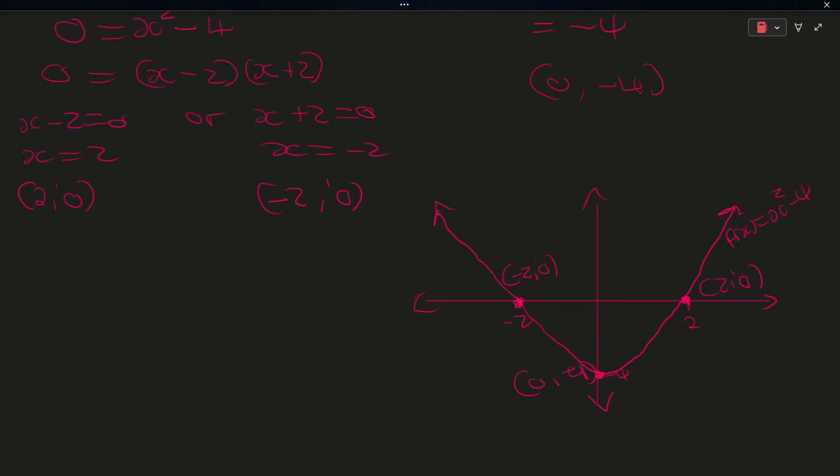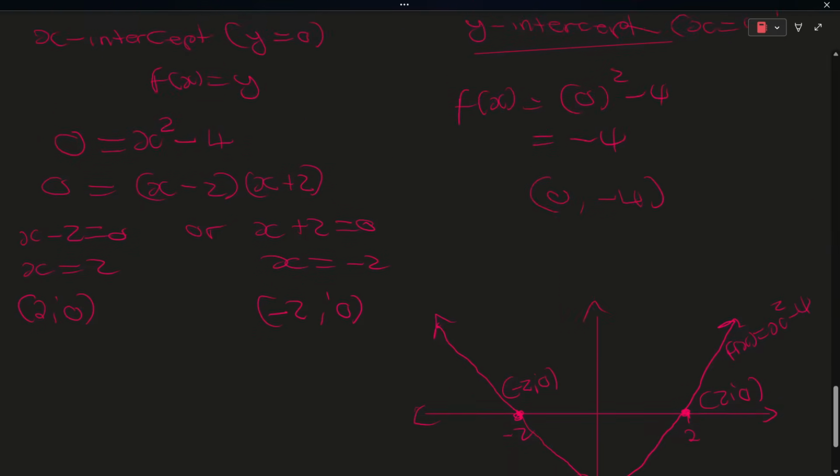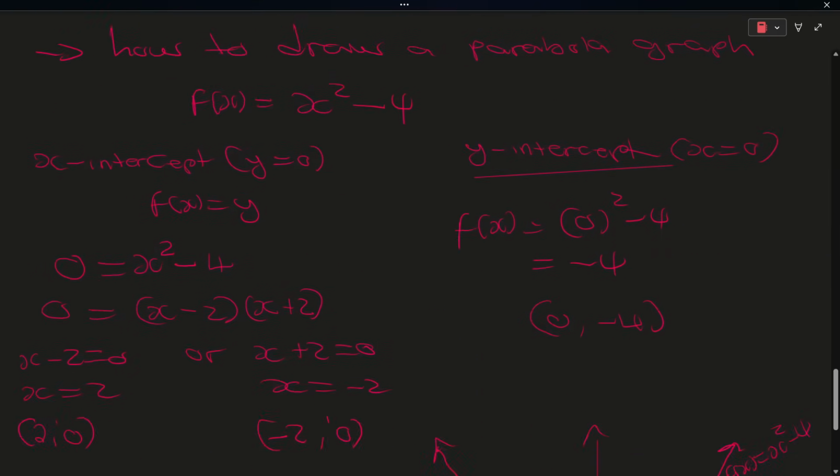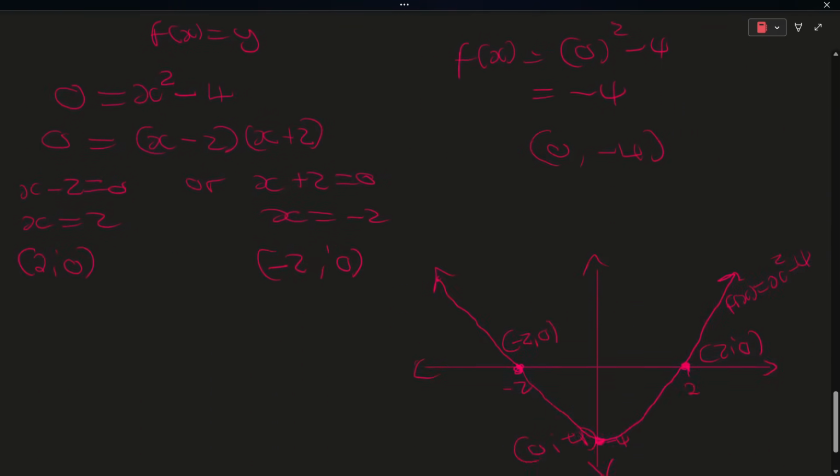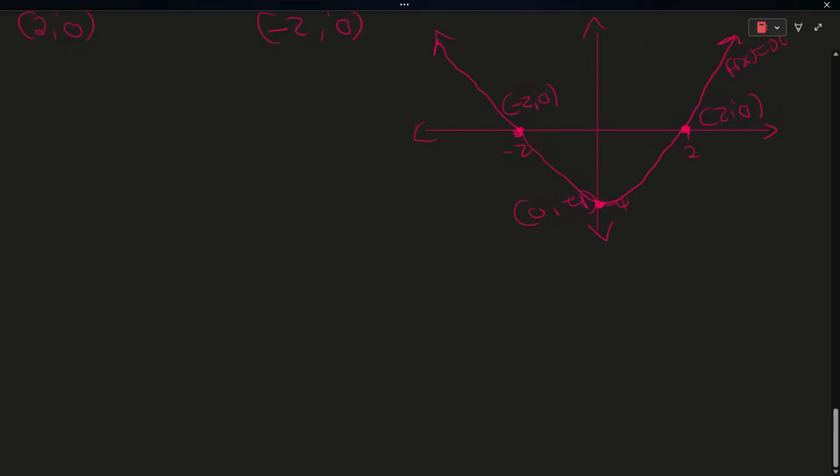That's it. By doing so, you get beautiful 4 to 5 marks. What is the logic? You calculate the x-intercept, the y-intercept, and then you sketch your graph.